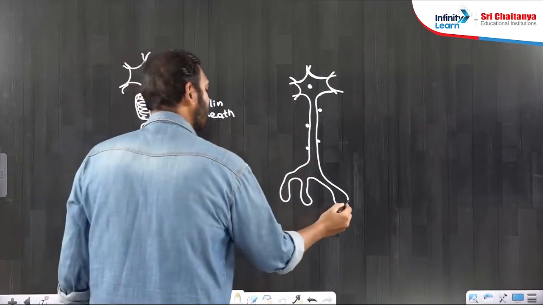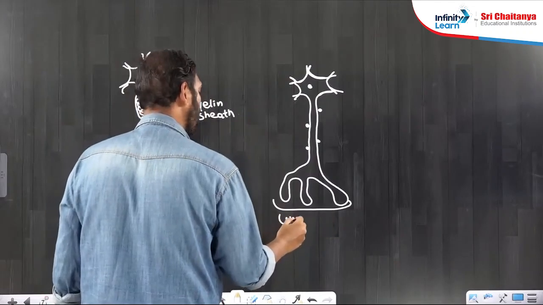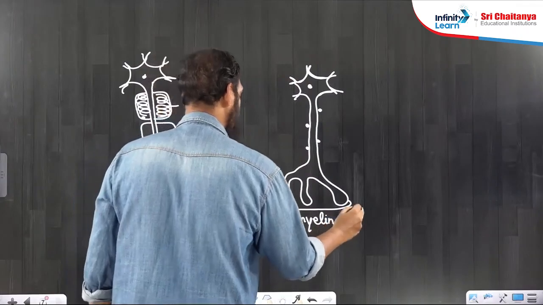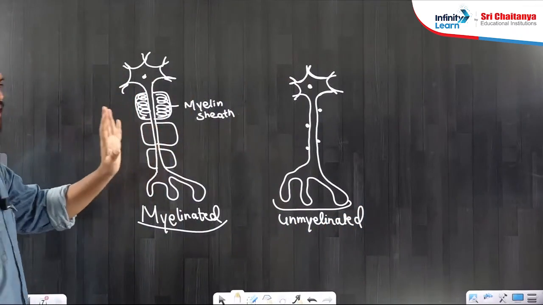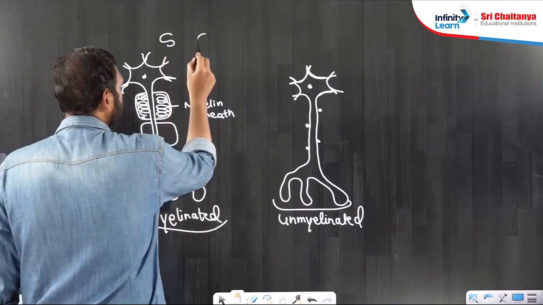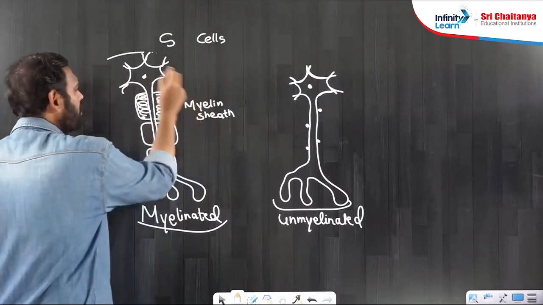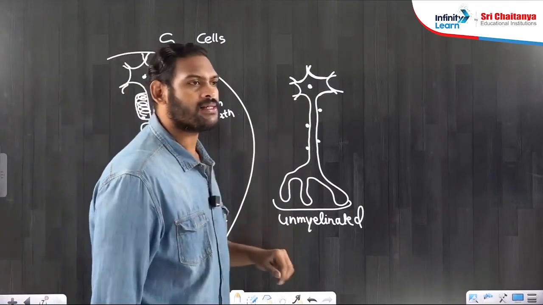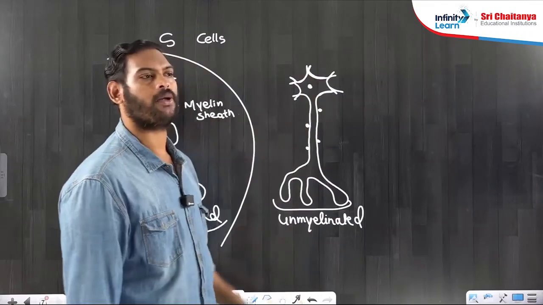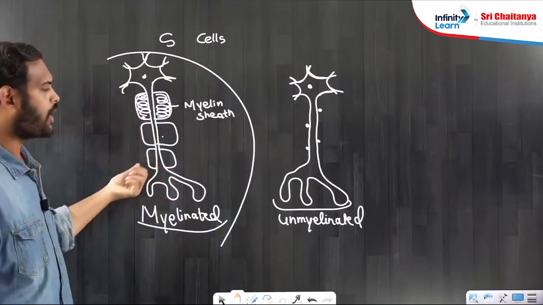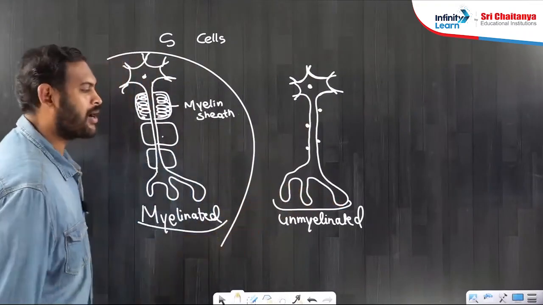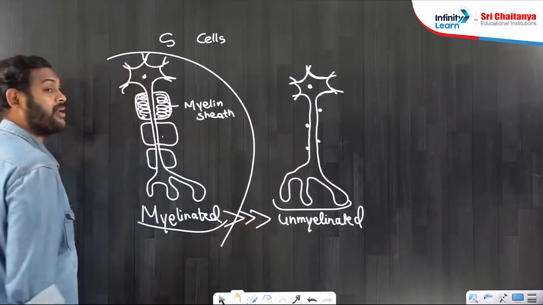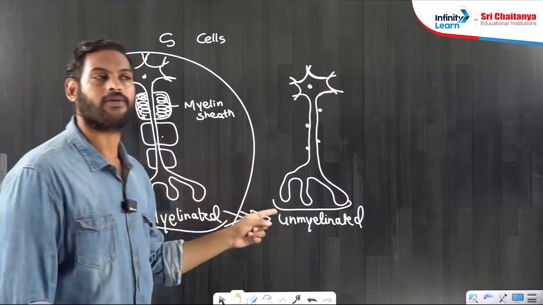If this was the case, these neurons were referred to as unmyelinated neurons. Guys, both these cells are having Schwann cells, but in this condition Schwann cell has formed myelin sheath, but here Schwann cell did not form myelin sheath. Therefore, myelinated neurons, unmyelinated neurons. So conduction speed of myelinated neurons is almost 10 to 20 times better than unmyelinated neurons.